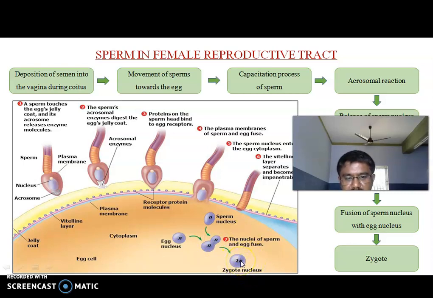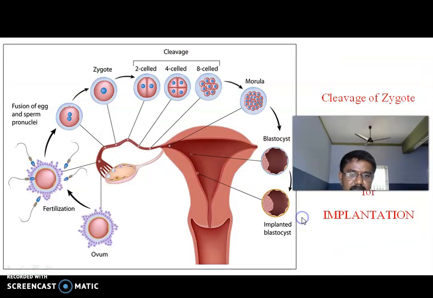The fertilized egg moves from the ampulla region to the uterus via the fallopian tube, right? Next, see the ovum. This is the ampulla region, waiting for the ovum. This diagram shows the fertilization process. After fertilization, the zygote divides into the 2 cell stage, 4 cell stage, 8 cell stage.